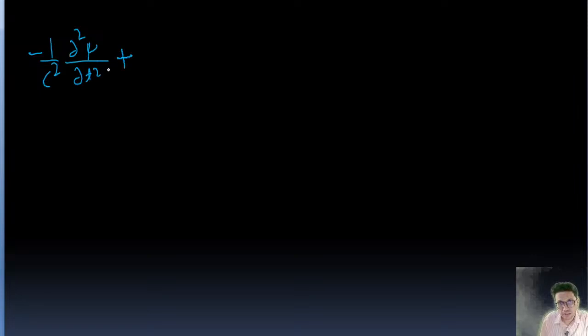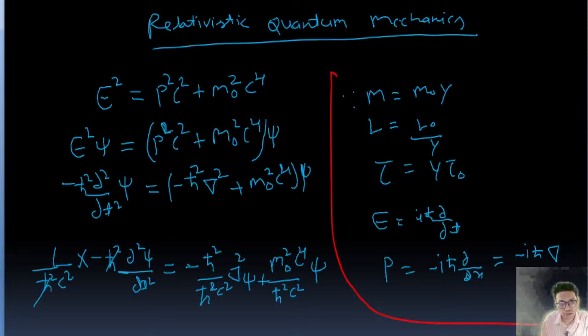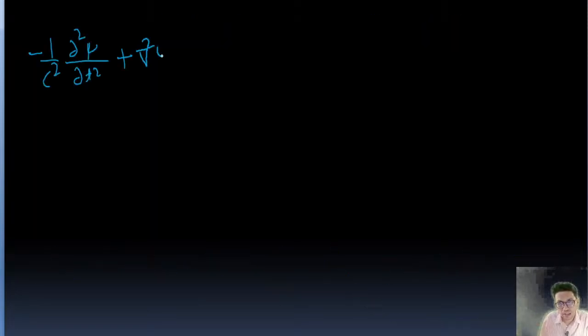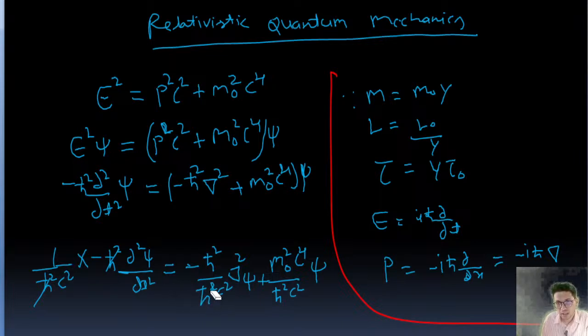We can take this on the right hand side, so minus minus becomes plus, my apology, and h cut will get cancelled, so 1 upon c square will remain here.